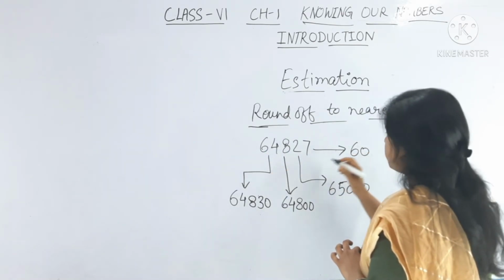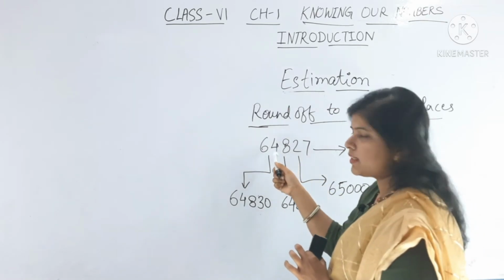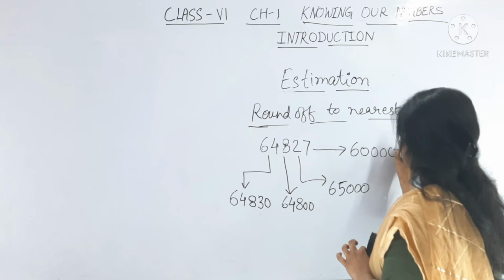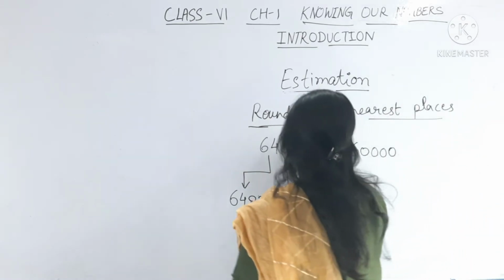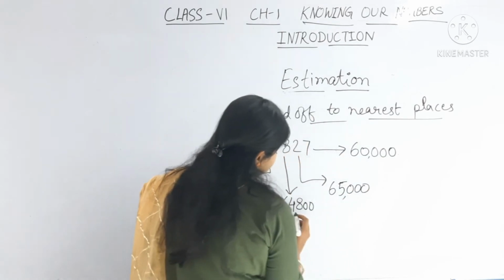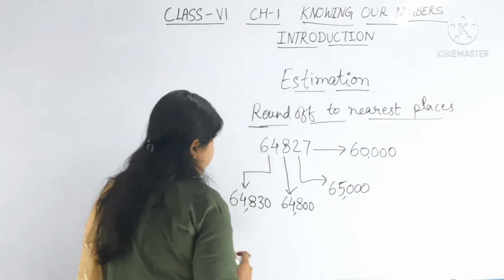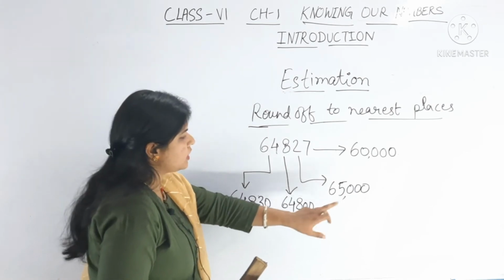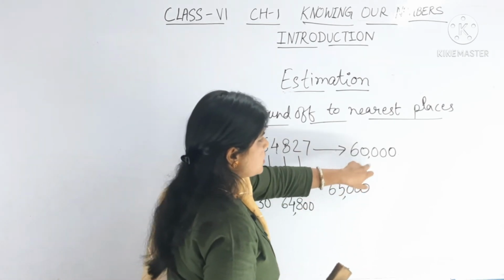So in place of 4, all will be 0. 1, 2, 3, 4, so it will be 4 zeros. You can write like this: 64,830, 64,800, 65,000 and 60,000.